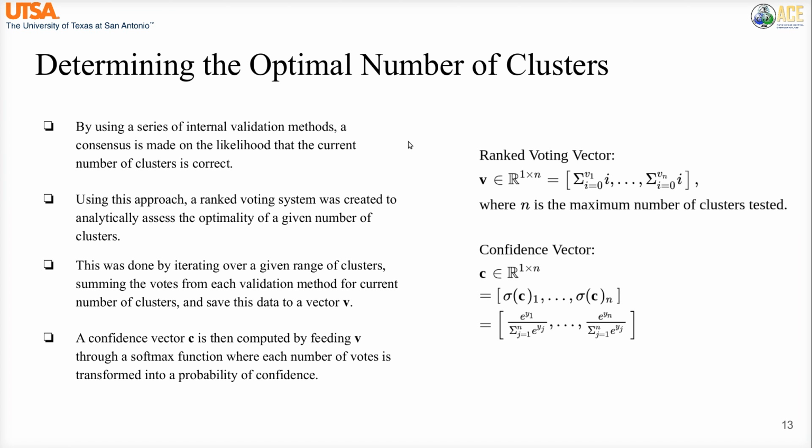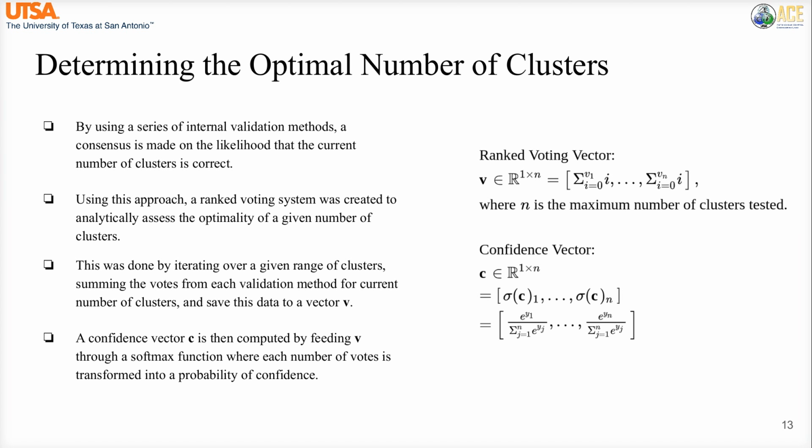One of the other known problems of clustering techniques is that you need to know the number of clusters to separate your data ahead of time. There's plenty of work in the literature on how to optimize that number, because in my case, I'm assuming that I don't know the number of faults. Therefore, I don't know the number of clusters the data needs to be clustered into.